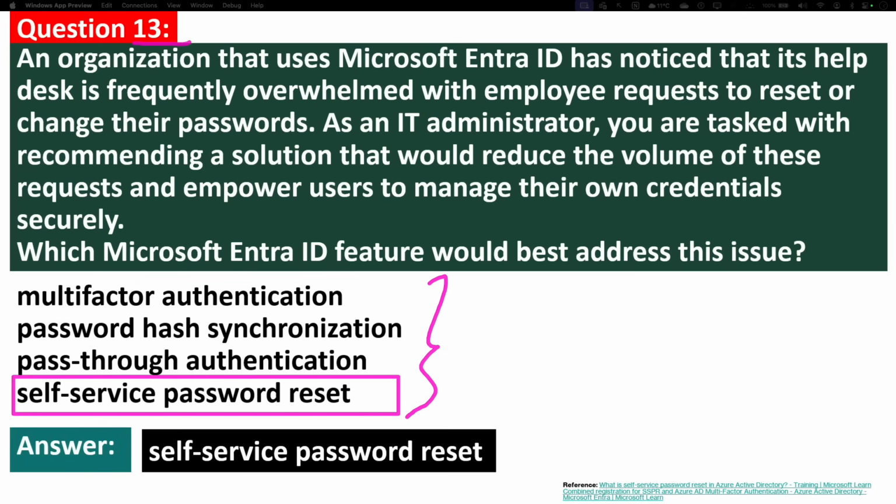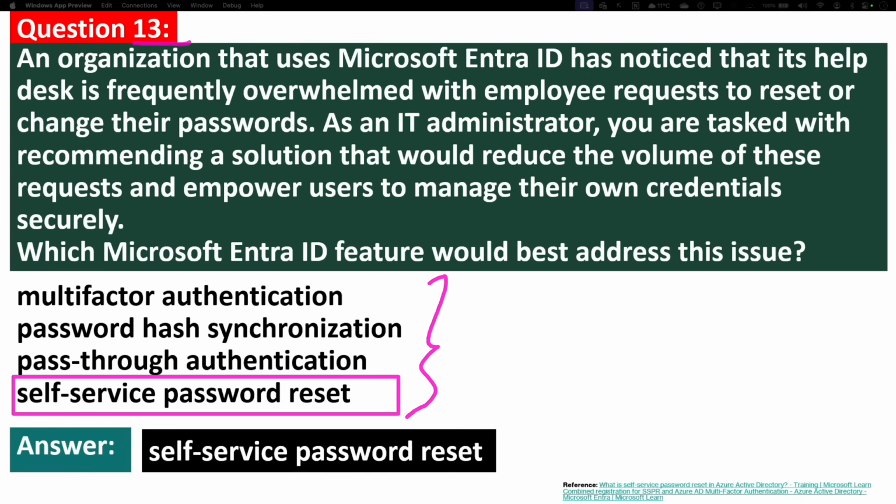First, what is self-service password reset or SSPR? SSPR is a feature that allows users to reset their own passwords without needing to contact IT support. It's commonly used in systems like Microsoft Entra ID, which is formerly known as Azure Active Directory.